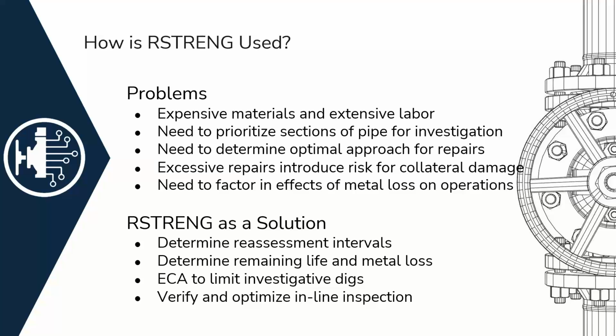And you need to consider that RSTRENG is developed for only the primary stress factors, nothing outside of that. In other words, as I just mentioned, the type of other defects going on. And then how do we handle welds and things of this nature? That's another factor that needs to be considered in the metal loss.